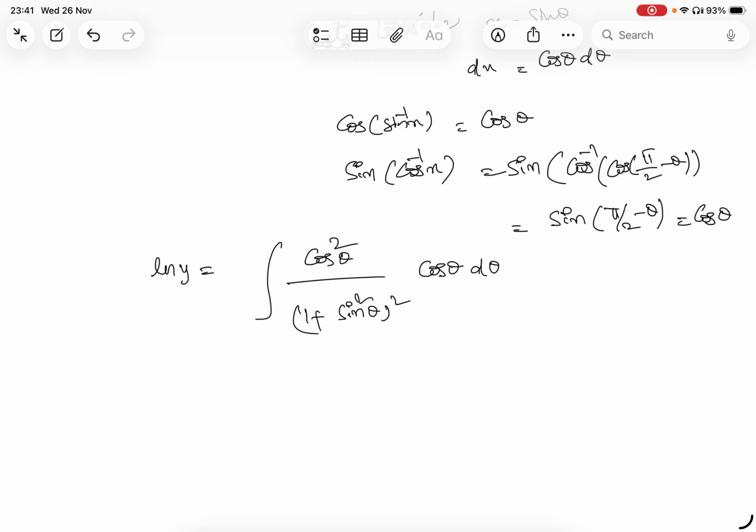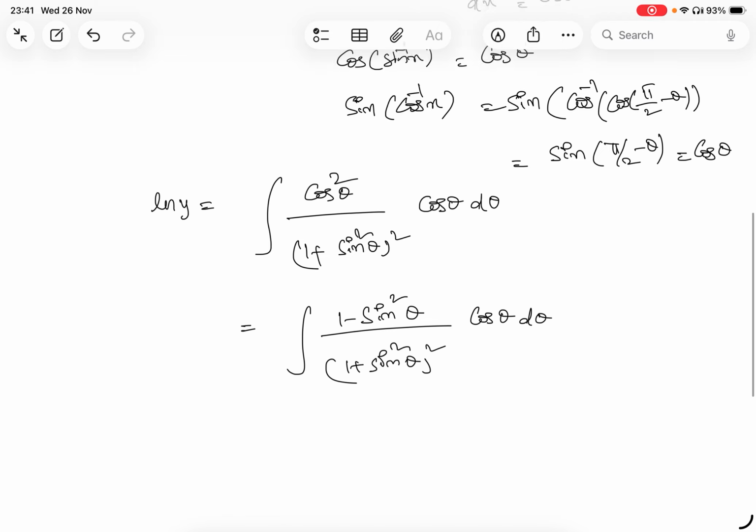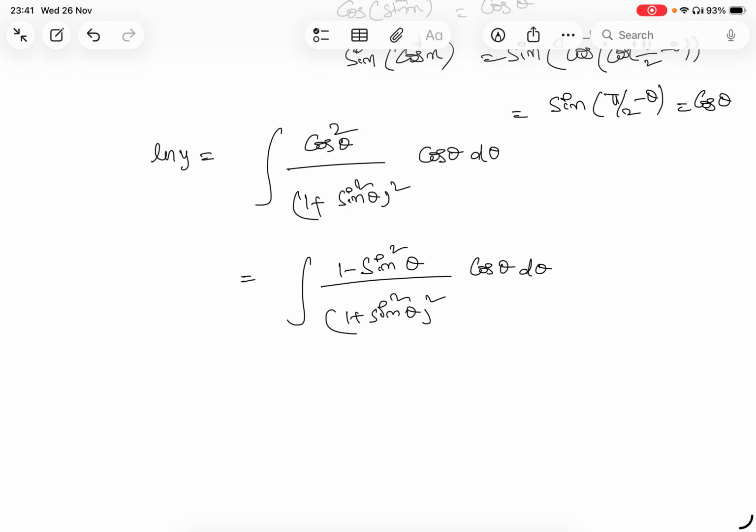Fine. Now let's simplify this. As you can see, the denominator is in terms of sine square, right? Now write the numerator in terms of sine square: 1 minus sine square theta by (1 plus sine square theta) whole square cos theta d theta. Now as you can see, it's very easy to consider a substitution.